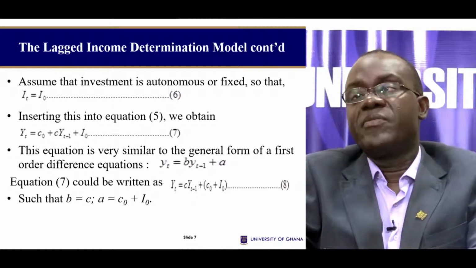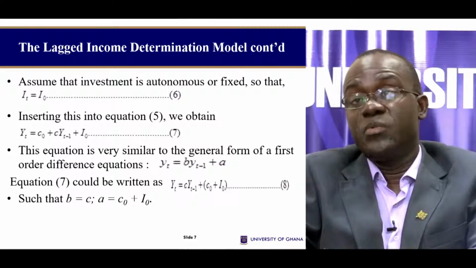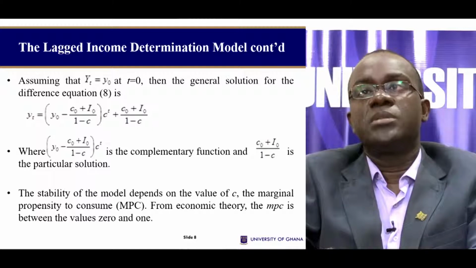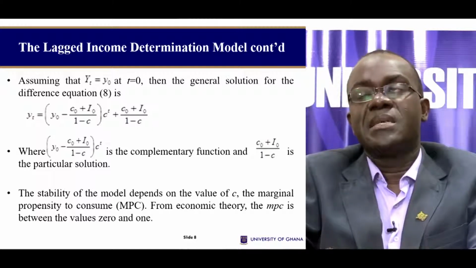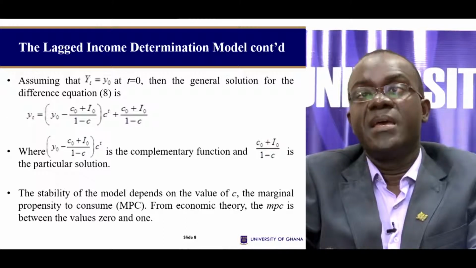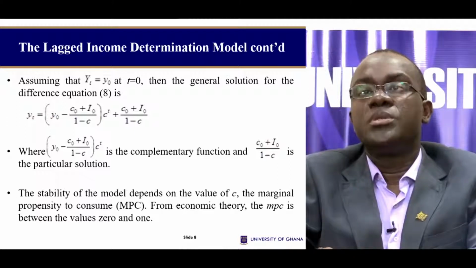Now, once it's a first-order linear difference equation, we can write the general solution, referring to what we discussed during our last lecture. As usual, there's a complementary function and a particular solution.